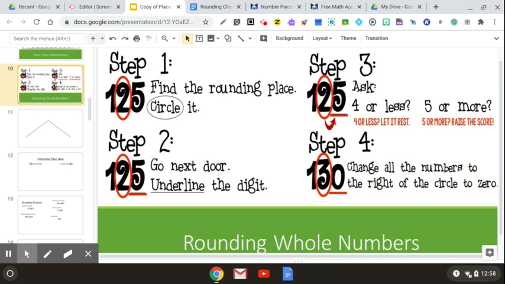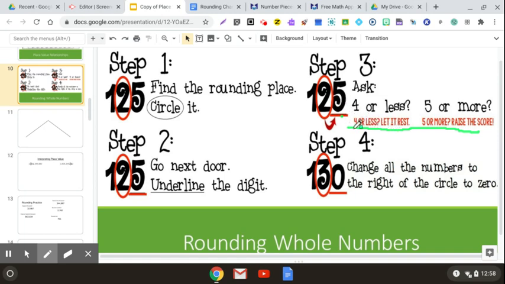This is one way of doing it, where you circle the number that you're going to be rounding. In this case, we're rounding the tens place, and we circle it. Then we underline the number next door, and it's a 5. Now you have to remember the rounding rule. We're looking at the number we underlined. Is it 4 or less?